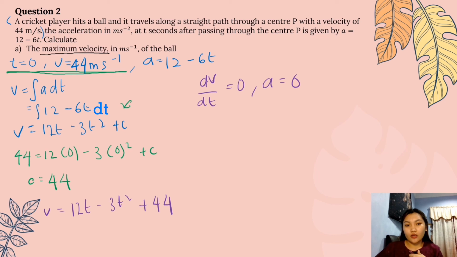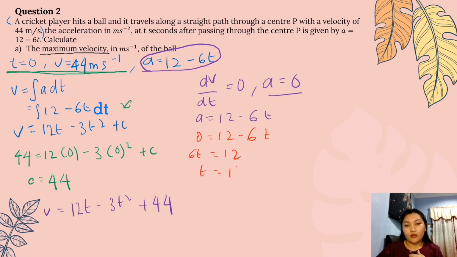So here we have this function of acceleration, right? Now that we have the information that acceleration is equal to 0, we just write it back and substitute this value into this function. So when a is equal to 0, 12 minus 6t equals 0, and now you can find the value of t. 12 over 6, so t is equal to 2 seconds.